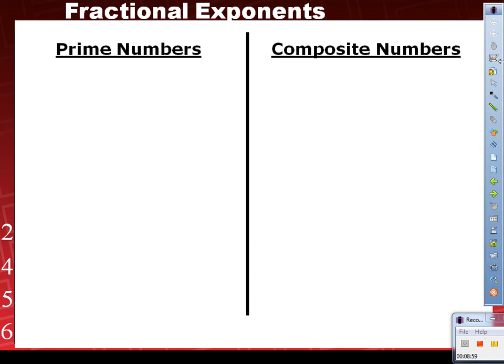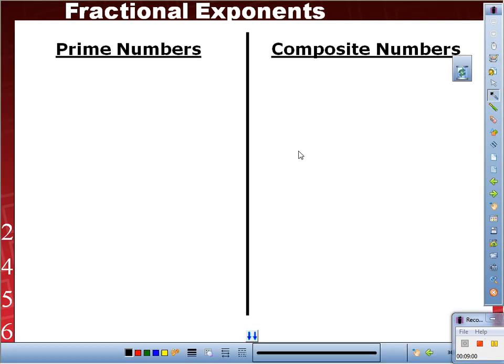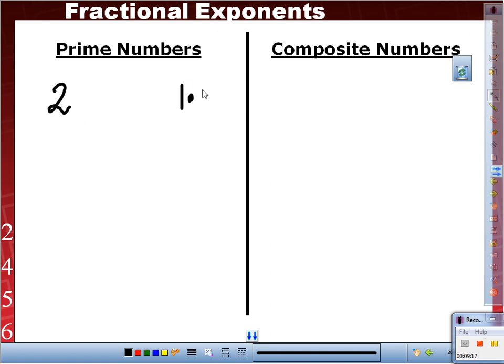Look up, please. Here goes a review for prime numbers and composite numbers. Prime numbers are numbers that have factors of 1 and themselves. Factors meaning or implying multiplication. So 2 is the first prime number because its factors are 1 and itself. Any other factors for that one?